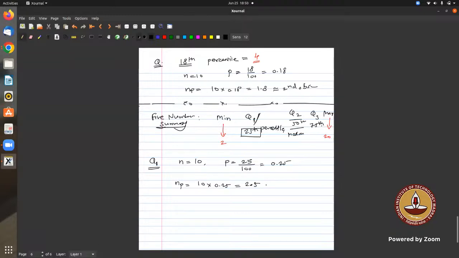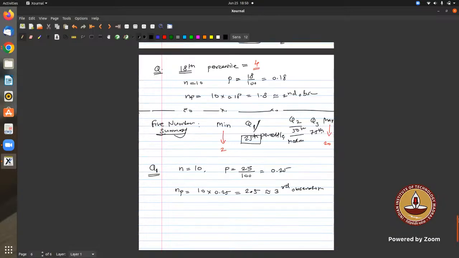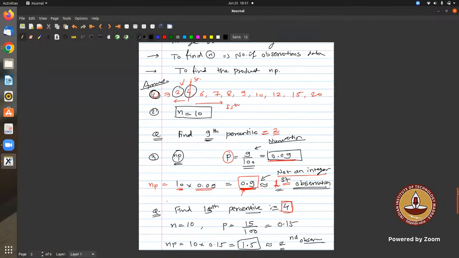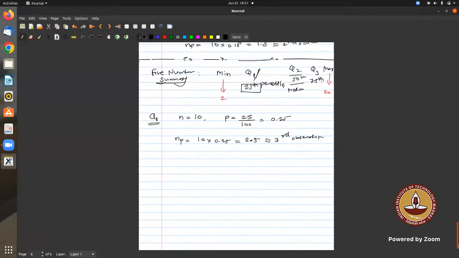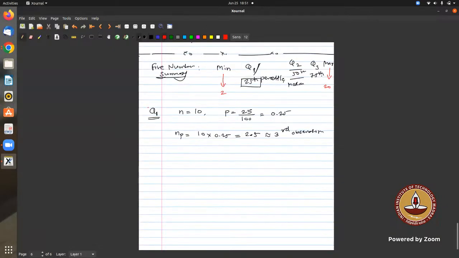This is not an integer, so I go to the next whole number, which is the third observation. What is the third observation here? It is 6. So Q1 equals 6.